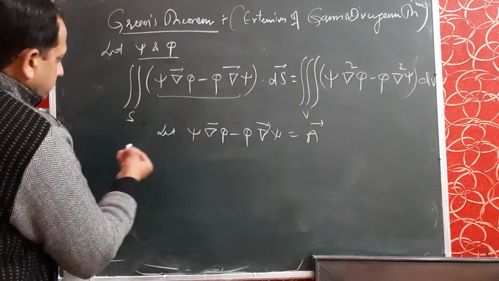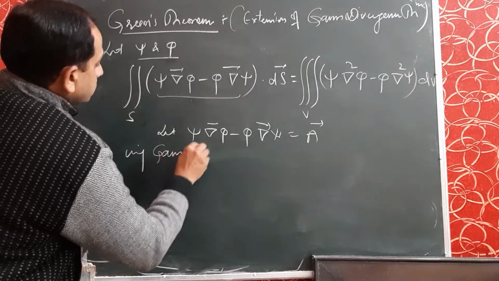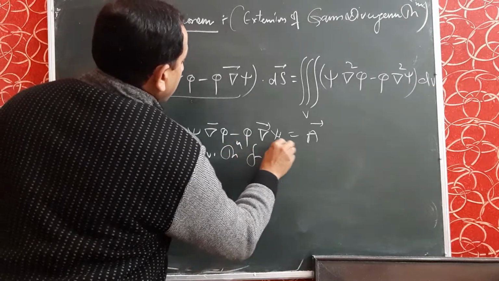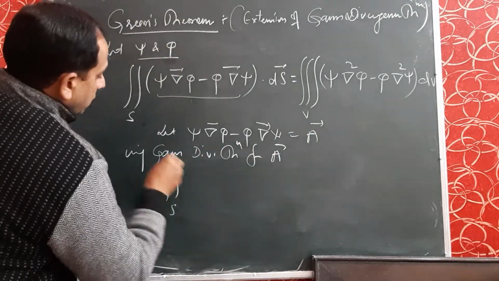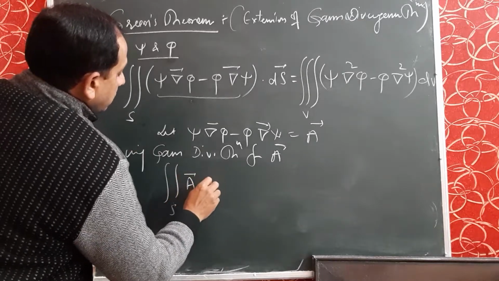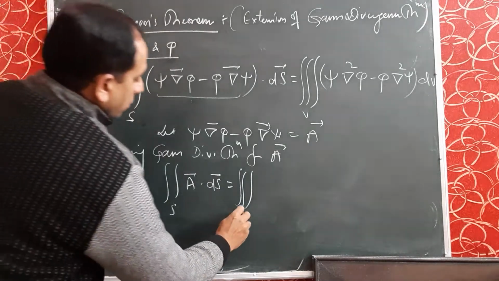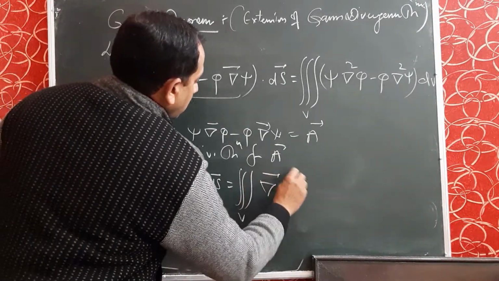So, applying the Gauss divergence theorem for a vector, what is this theorem? It is simple. The double integral of a dot ds is equal to the triple integral over the whole volume of del dot a into dV.